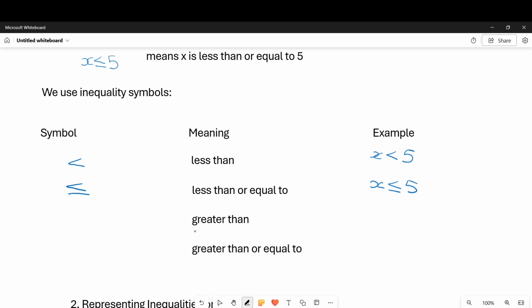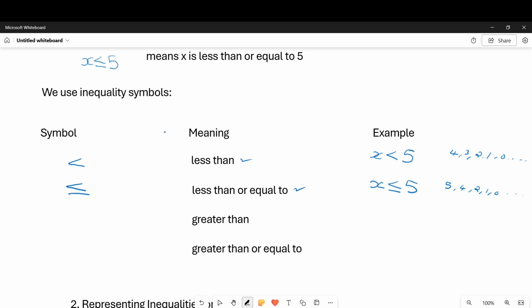That means x is less than or equal to 5, including 5. With less than, 5 is not included; it will be counted as 4, 3, 2, 1, 0, like that. But here 5, 4, 3, 2, 1, 0, like that. So 5 is included. That's the main difference between the less than and less than or equal to symbols.